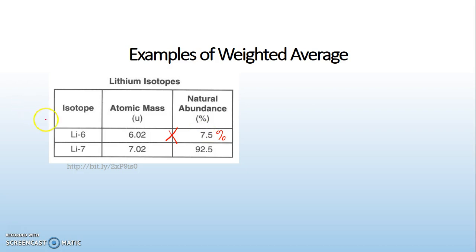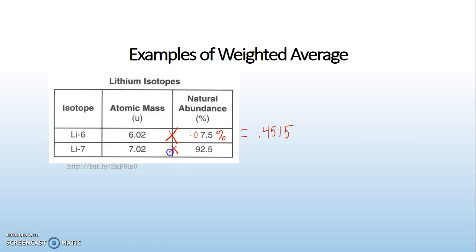You're not just going to multiply it by 7.5. If I multiply it by 7.5%, I get 0.4515. Because what I did in my calculator was divide this by 100, and I moved it over, so I knew I would multiply by 0.075.